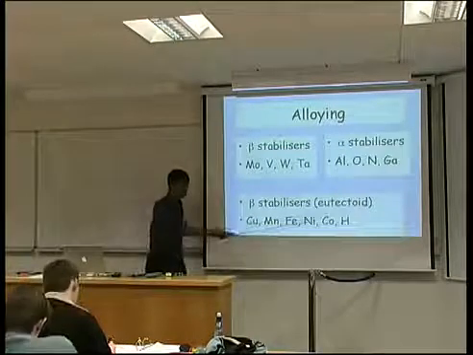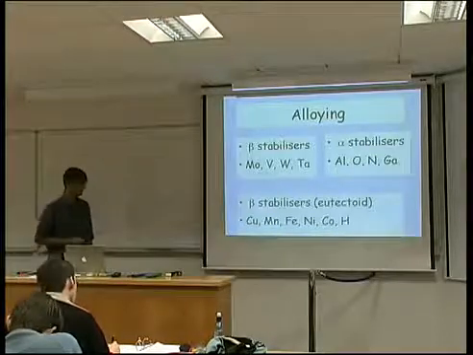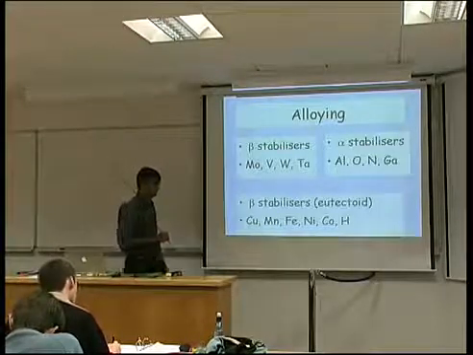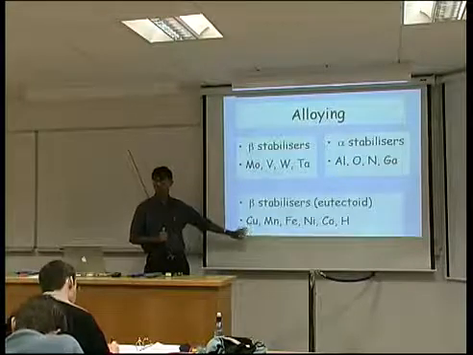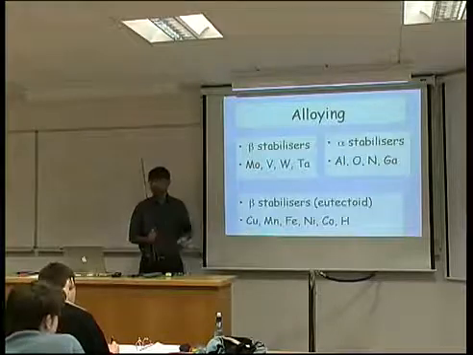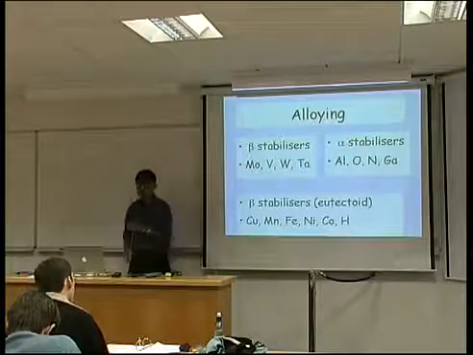And these particular elements do stabilize beta, but they can also form a eutectoid. So here we might have one of the phases being a compound of titanium and copper, forming with the beta as a eutectoid.